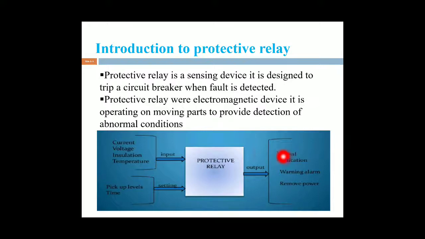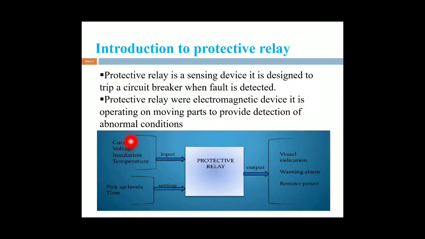Okay, this is the diagram for the protective relay. This is the single line diagram of a protective relay. These are the inputs and these are the outputs. This is the setting time. We give the setting time to the protective relay, and this is the input to the protective relay.